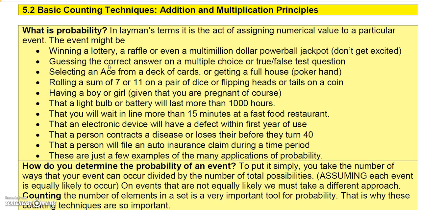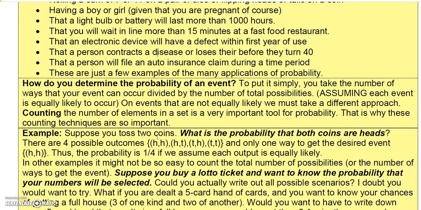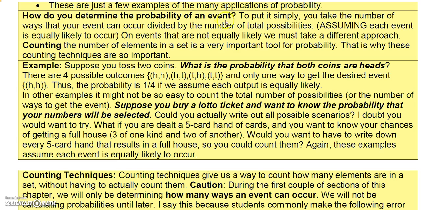Or let's just say you wanted to guess the correct answer on a test question, or you wanted to know the probability of selecting a particular card from a deck of cards, or the probability of rolling a particular number if you roll a pair of dice, the probability of having a boy or having a girl, the probability that a light bulb or a battery or some other object will last more than 1,000 hours, the probability that you will wait in line more than 15 minutes at a fast food restaurant, the probability that an item will have a defect within the first year of use, and then there's all kinds of areas where we have to calculate probability. Well, how do you find the probability of an event?